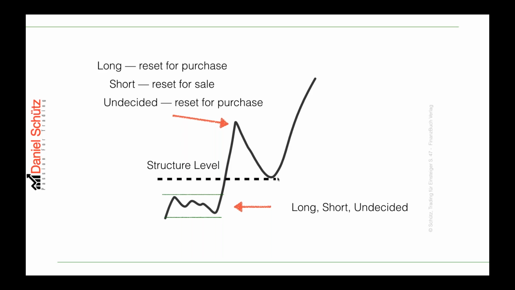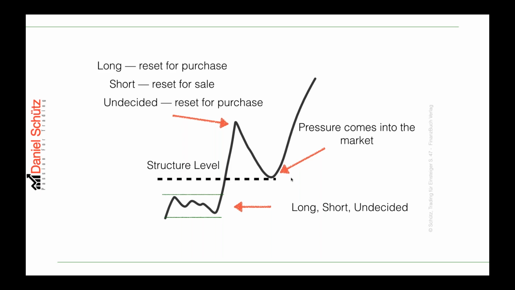The short traders close their position at that point. And the undecided traders see now the opportunity that they can open another position. And so pressure comes into the market and the market goes up. That's basically what's behind market movements.